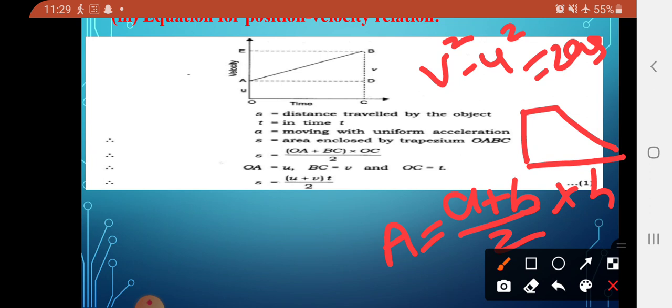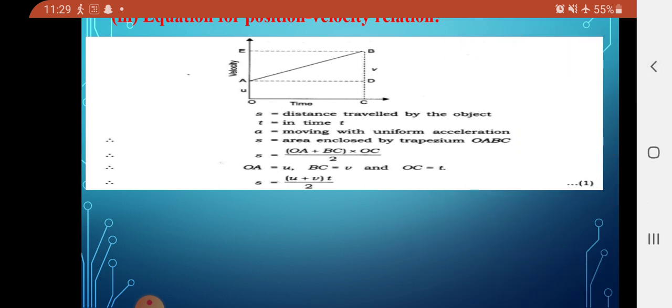Here the trapezium area is the sum of two sides into height divided by 2. We consider OA equal to the initial velocity U, BC equal to V, and OC equal to T. So S is equal to U plus V divided by 2 into T.